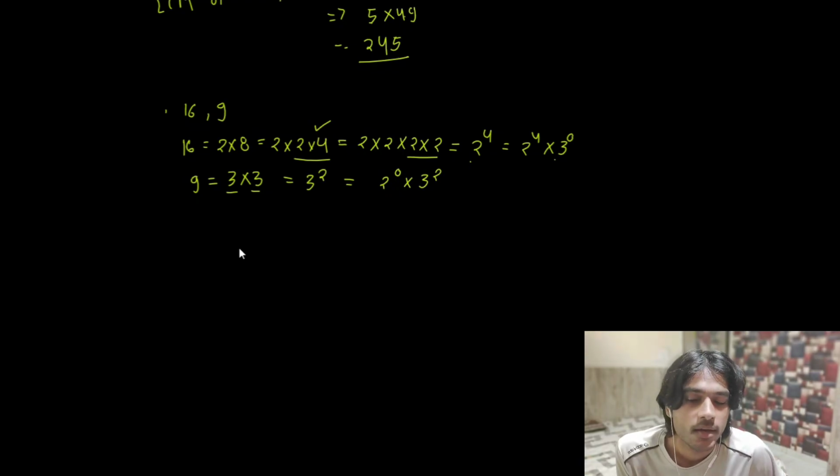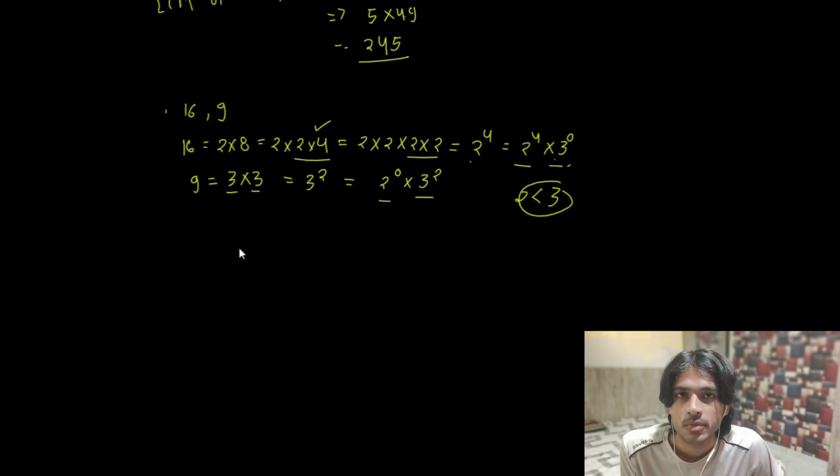I'm again arranging them: because 2 is less than 3, I'm writing 2 first with its power, and then 3 with its power, because it will make it easier for me to compare. If you want, you can skip this part and directly do it, there is nothing wrong about it. It's just that it gives me a better visualization and less chances of a calculation mistake.